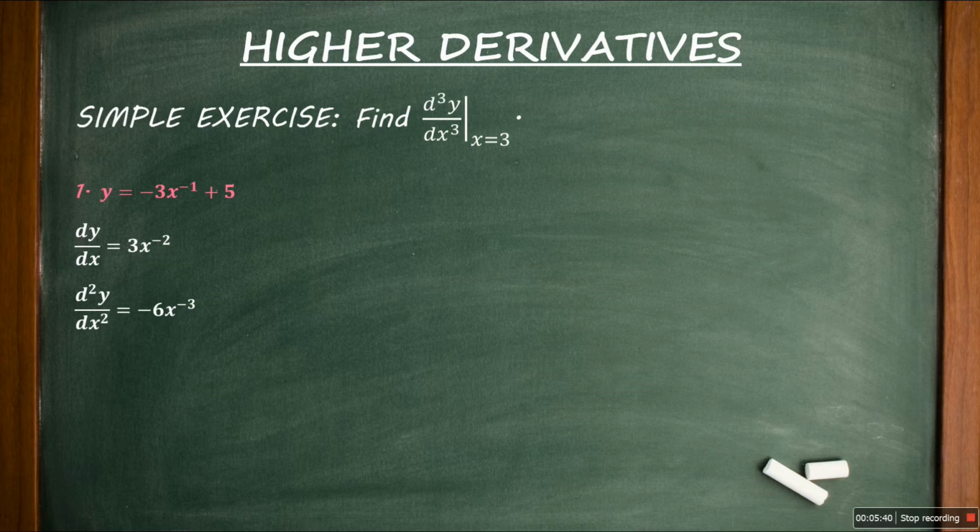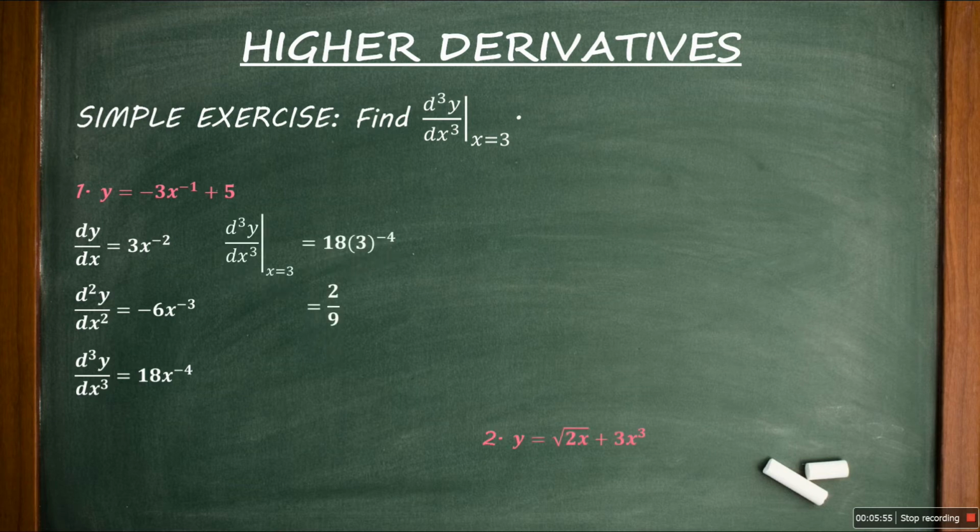And the third derivative we will get 18x to the power of negative 4. And lastly, we have to substitute x equal to 3 to get the final answer, which is 2 over 9.